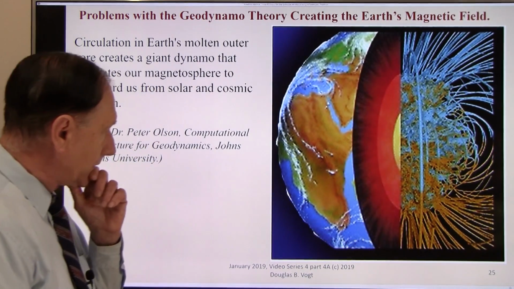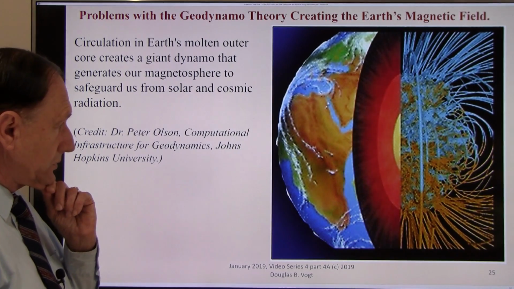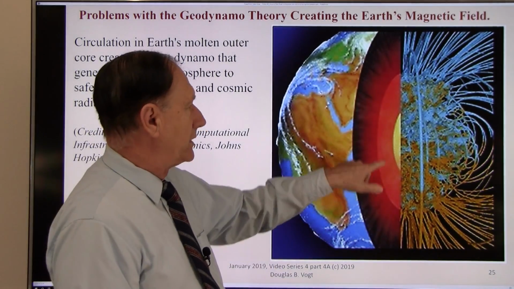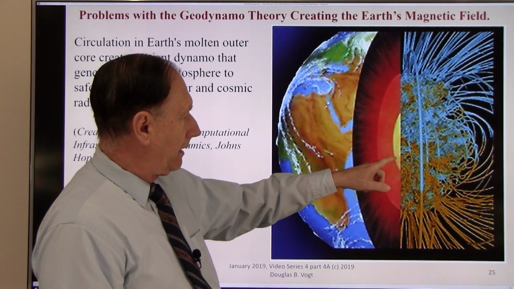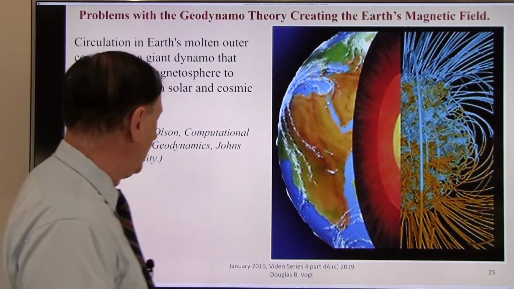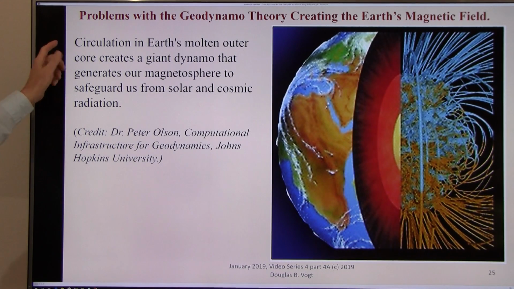Okay, magnetic fields. The theory that's being taught to us, which is wrong, is that you have a geodynamo in the center of the Earth and from the core, and it circulates through here. Now, this is the reference you can go to for this stuff.